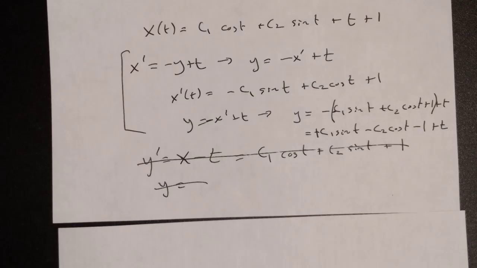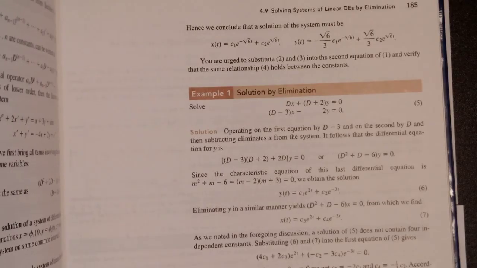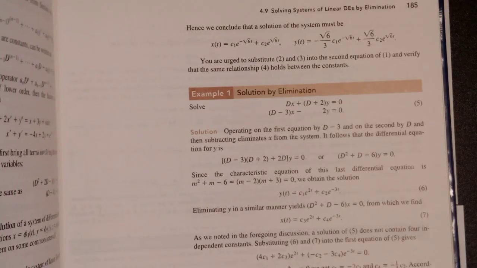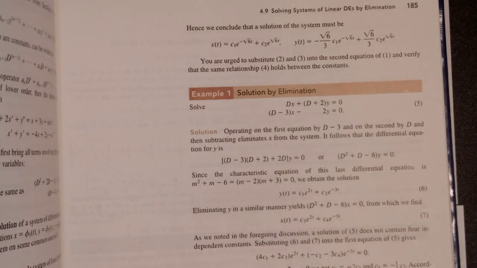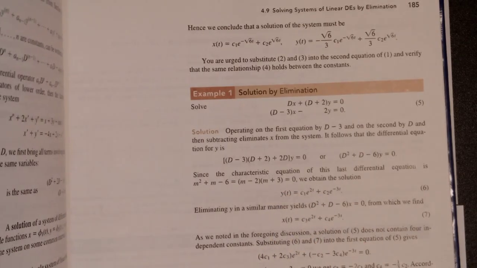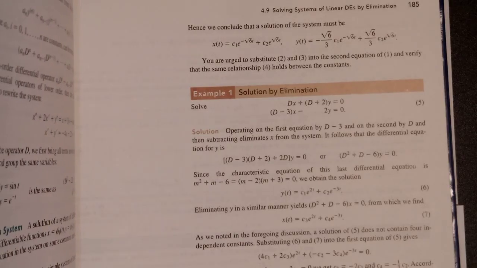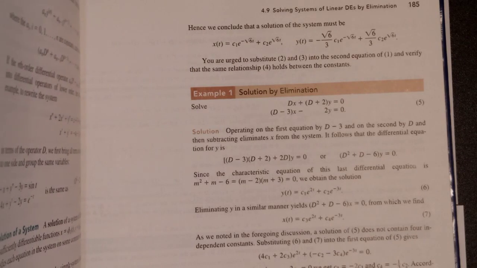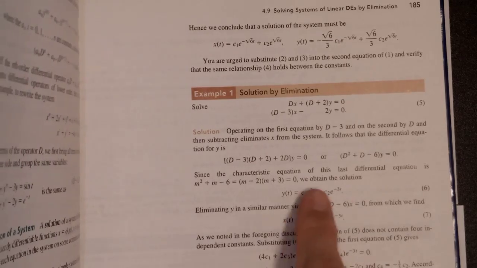There are several examples. Page 185 has a couple of them. This one, I did a couple different ways. But you'll notice when we do this, we end up with 4 different constants. They solve for y by elimination, they solve for x by elimination, they do them both separate from one another, and that gives me 4 different constants.